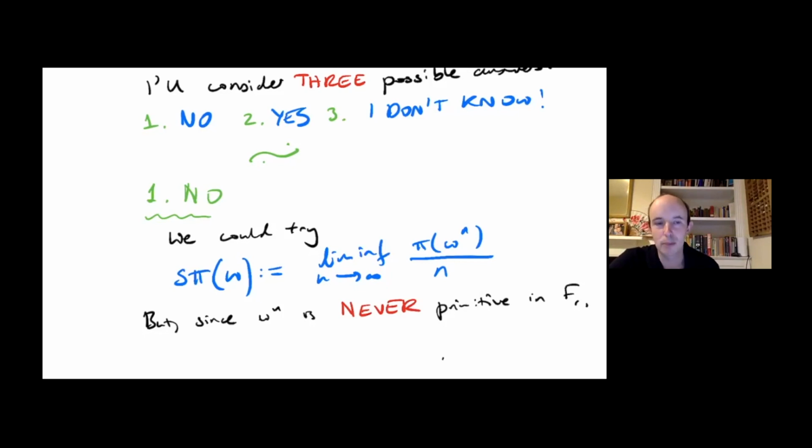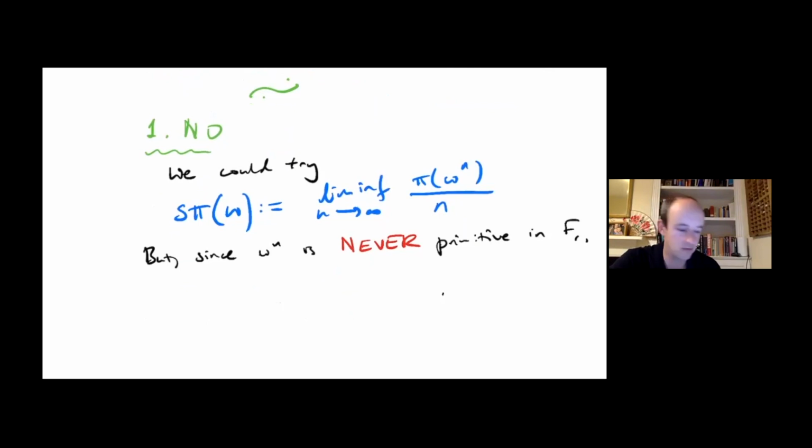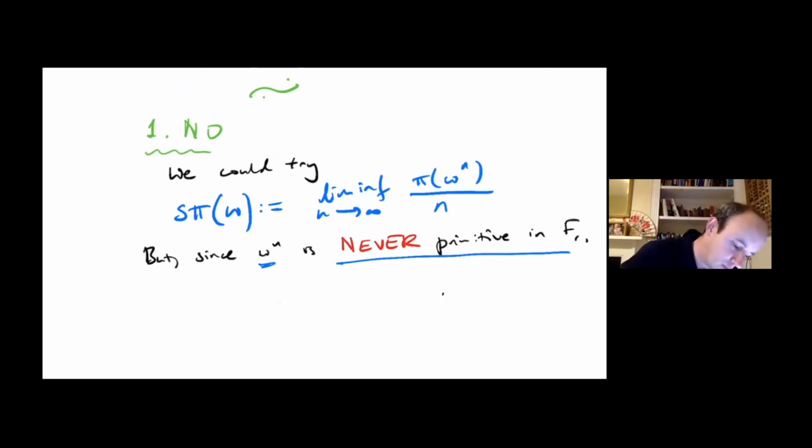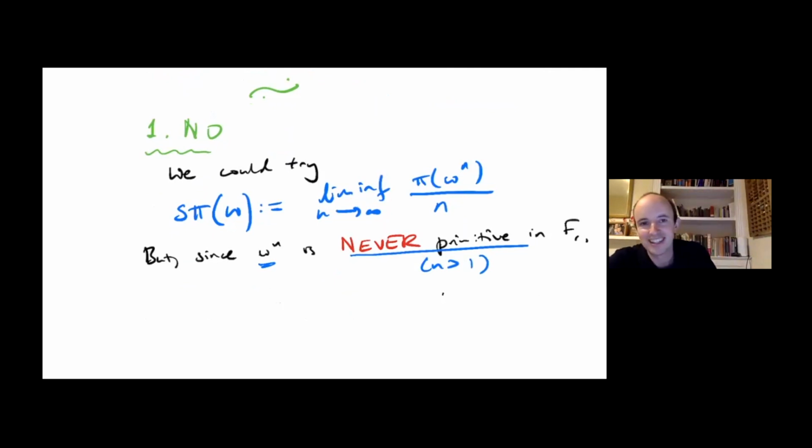But we have a problem, right? This doesn't work. The reason is that W to the n is never primitive in F_R, at least when n is strictly bigger than 1. That's because powers are never primitive elements.